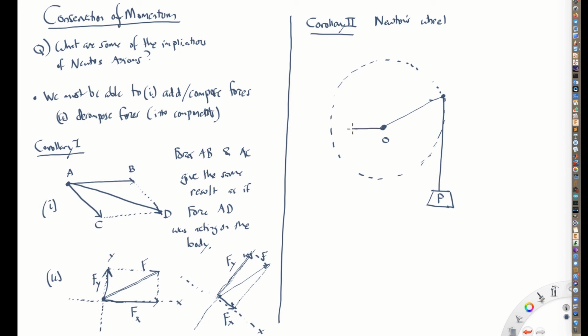But he's got another spoke here, and he's got another mass hanging over here, mass A, and he labels these points K and N. And he says, well, if you have a situation like this, if you know the distances from O to N, and also from O to K, one could figure out how much weight you have to hang from these in order for this wheel not to rotate at all.